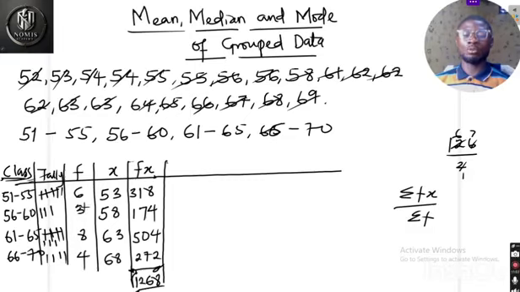So what about summation f? Let's find the sum of the f. 6 plus 3 is 9. 9 plus 8 is 17, and 17 plus 4 is 21. So this is summation of f, and this is summation of fx, which we need for the mean.